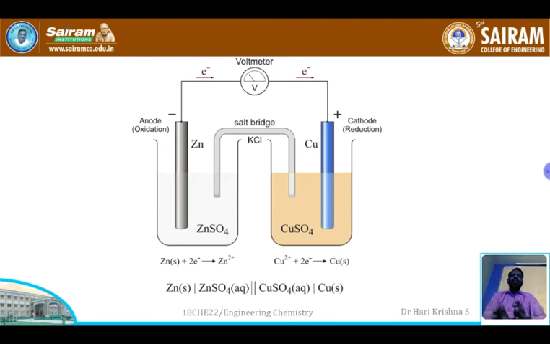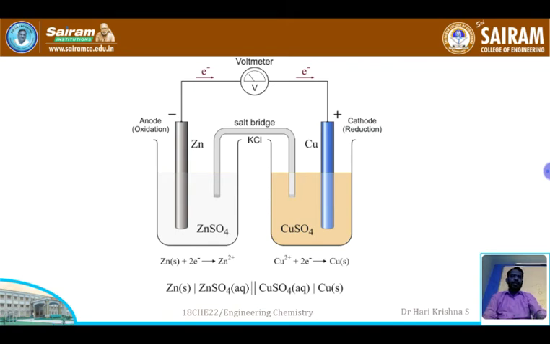When the zinc half cell and copper half cell are coupled together through a salt bridge and connected through a voltmeter, it forms a cell. So any cell should have two half cells. Here we have zinc dipped in zinc sulfate and copper dipped in copper sulfate. At the zinc electrode oxidation occurs and at the copper electrode reduction occurs.